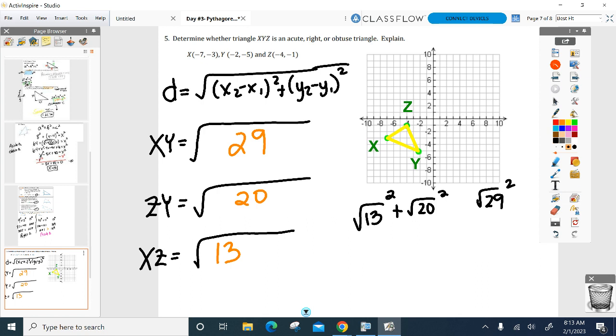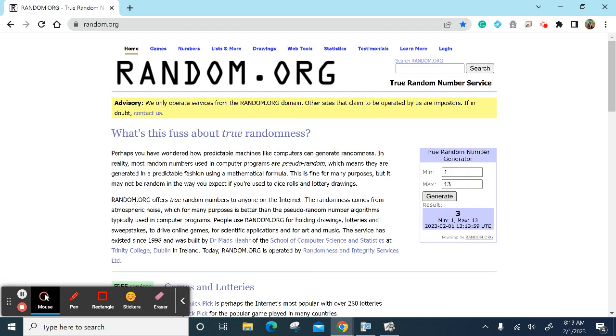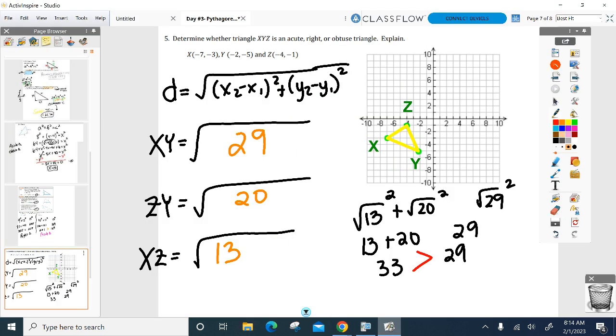You got 13 out, plus 20. And then over here you got 29. So what do we notice? 33 versus 29, the a squared plus b squared was bigger. So what type of triangle was this up here? The acute, right? The a squared plus b squared was bigger.